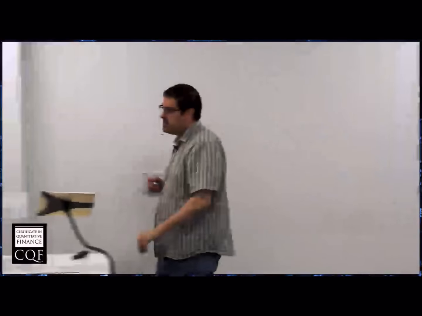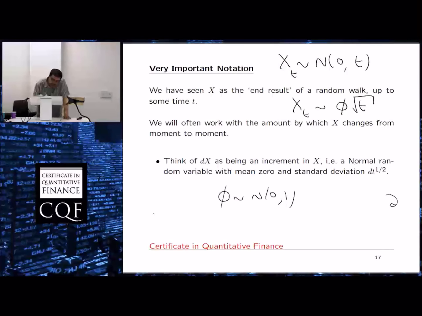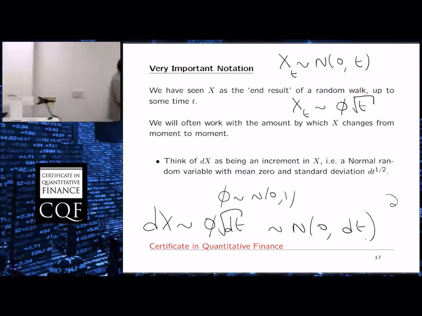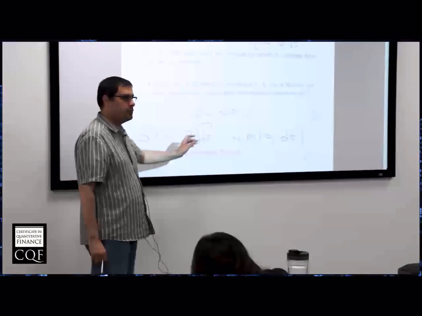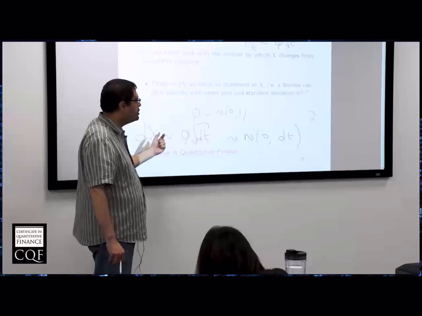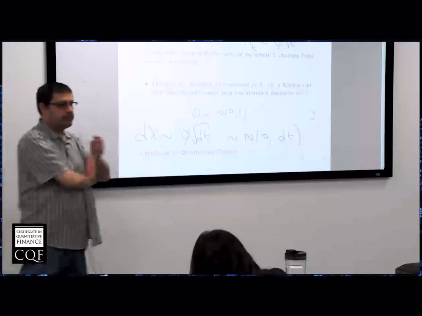So dx has the same distribution as this, in other words N(0, dt). These are all different ways of saying exactly the same thing. We're talking about the behavior of a Brownian motion or an increment in a Brownian motion.